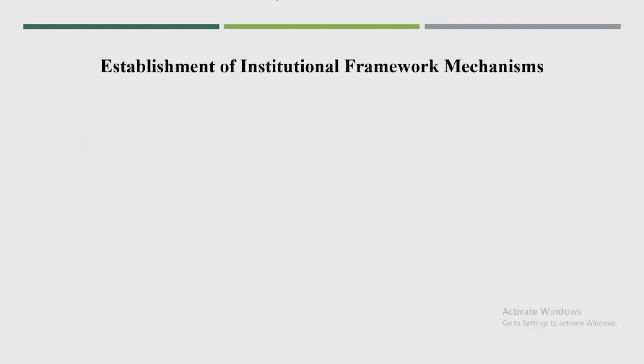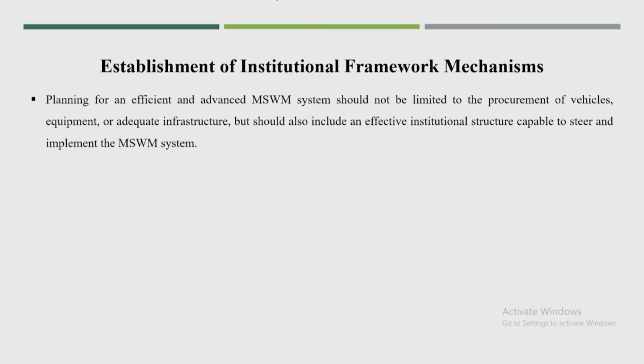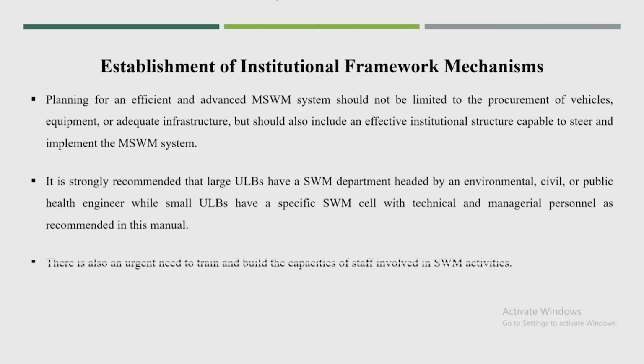Now, the establishment of an institutional framework mechanism. Planning for an efficient and advanced MSWM system should not be limited to the procurement of vehicles, equipment and adequate infrastructure, but should also include an effective institutional structure capable of steering and implementing the MSWM system.